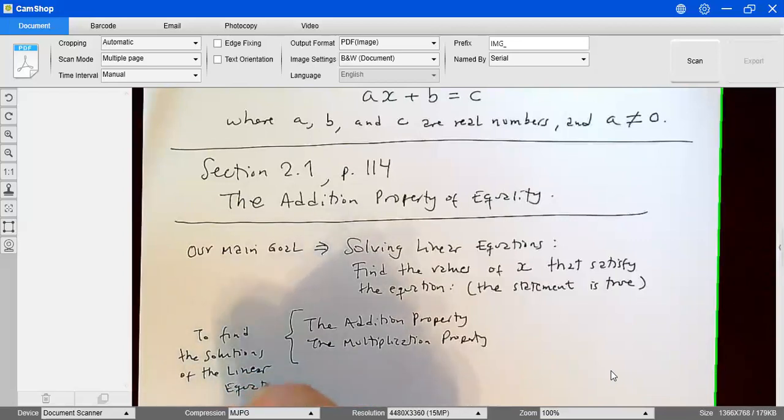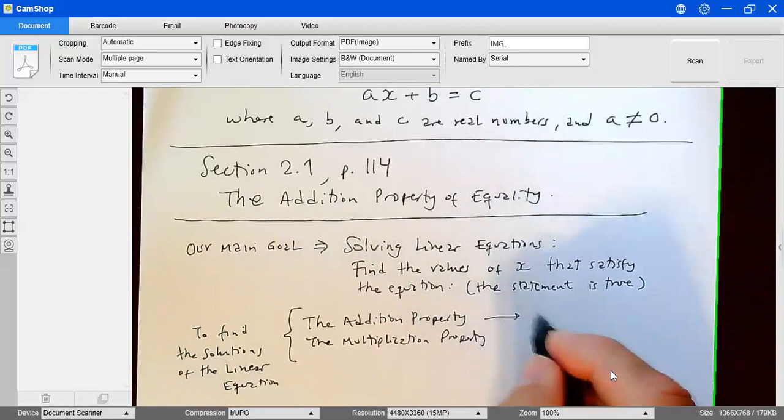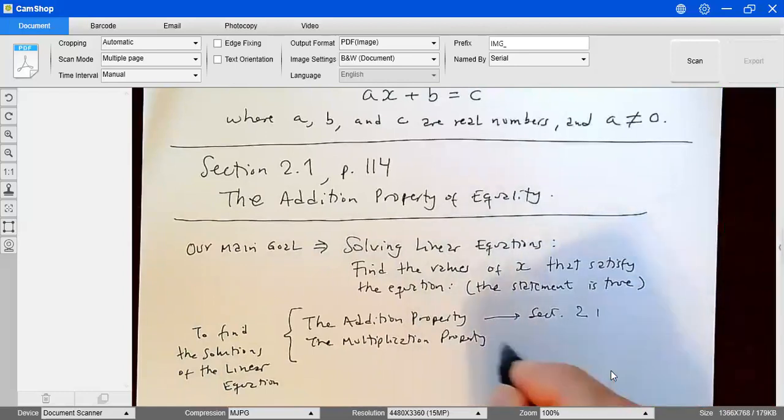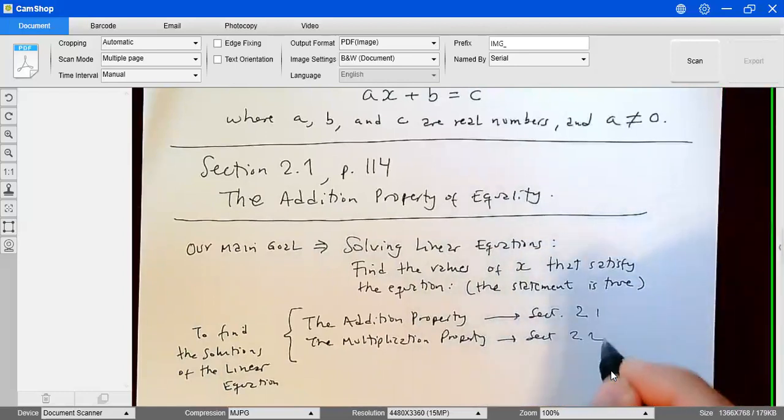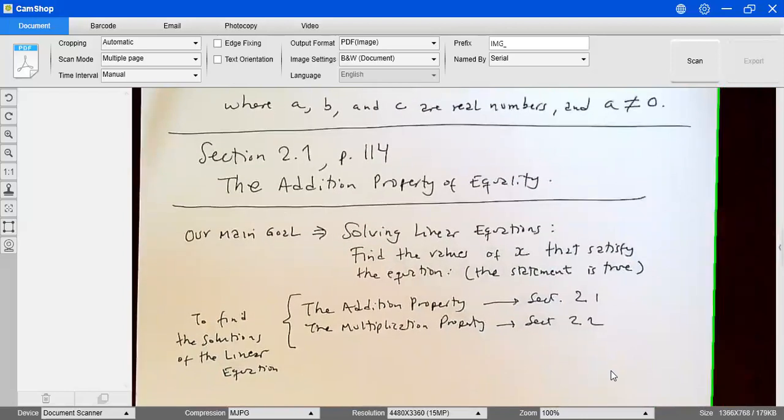This is our Section 2.1, and this is going to be our Section 2.2. What we learn in this section is applicable to find solutions, but sometimes it's incomplete. So we need the other property. We need the multiplication property.